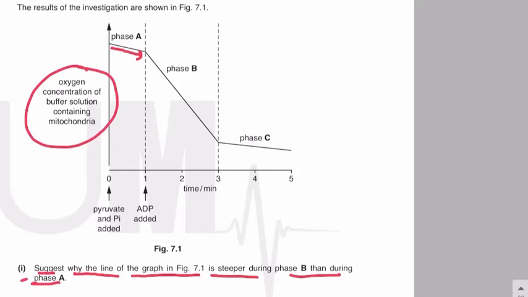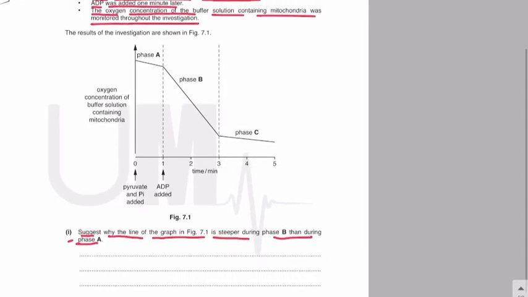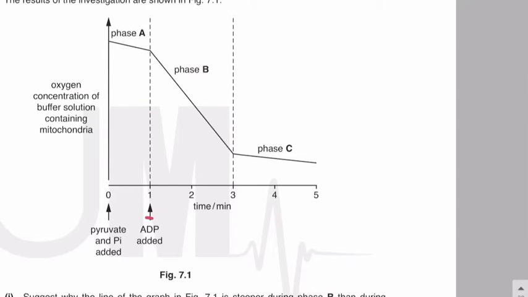But in phase B, there's a very sharp decrease in the oxygen concentration. So why is that so? That's because ADP is added at time 1 minute. This means that phase B contains ADP. And ADP is required for the synthesis of ATP. And if a lot of ADP is available, more ATP will be synthesized by oxidative phosphorylation.